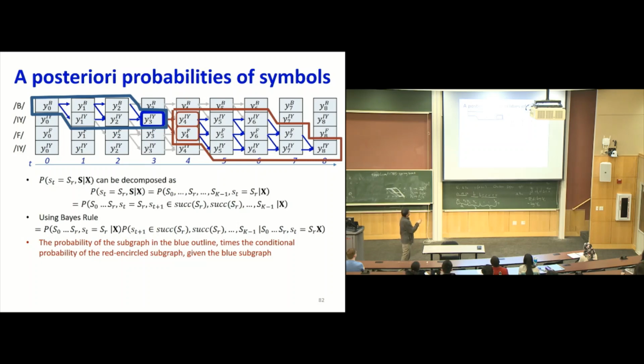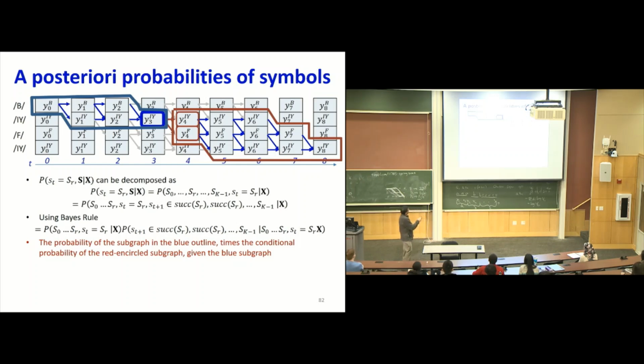This represents the probability of S1, S2 aligning to input 0 through 3. Right? You're saying I don't care how it is internally aligned. I want the last symbol at time 3 to be E. Correct? So if you extended it all the way to the end, that's basically the probability of the particular symbol sequence being aligned to the entire input, right?